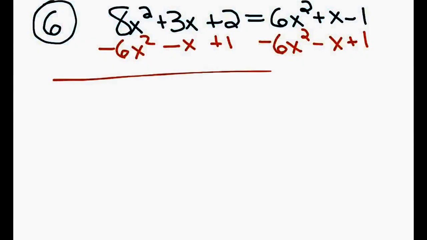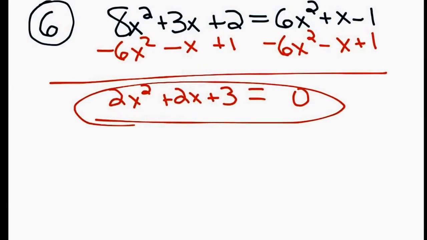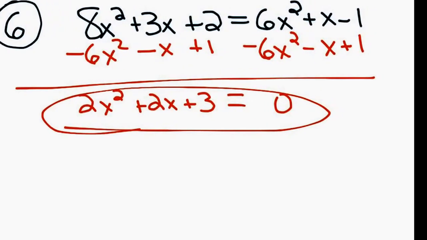So I'm going to move the 6x squared. I'm going to move the x. Notice I'm doing the opposite. And then I'm going to move the minus 1. So now the right-hand side is 0, and the left-hand side becomes 2x squared plus 2x plus 3. So this is what it would look like right before factoring.